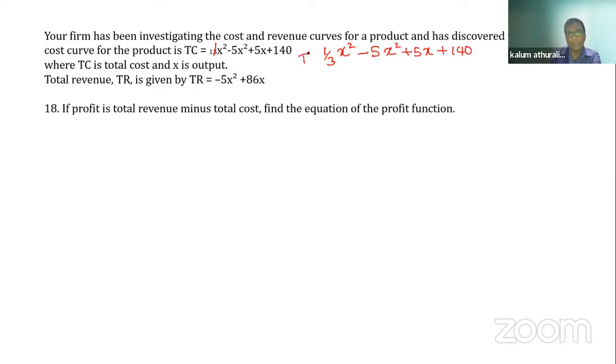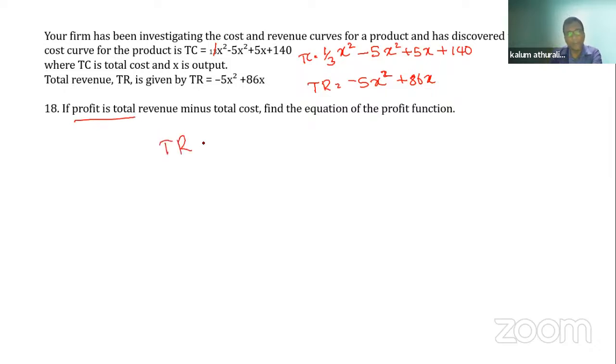This is TC. And TR equals minus 5x squared plus 86x. Now we want to find the profit function, total profit, TP.